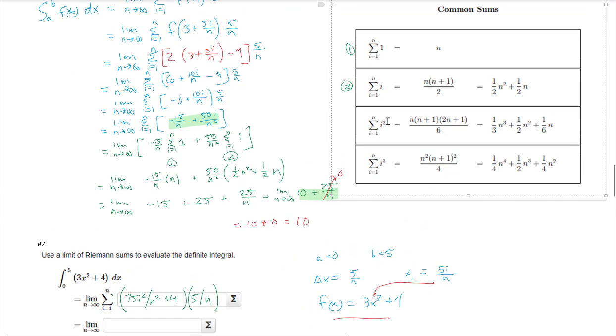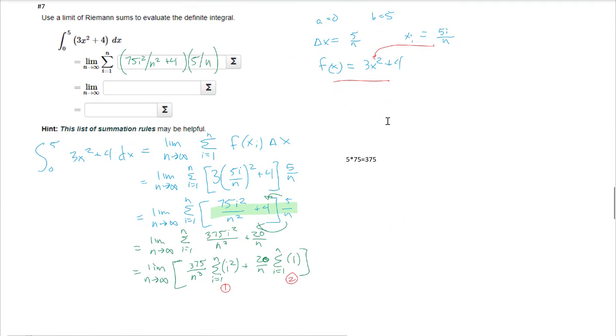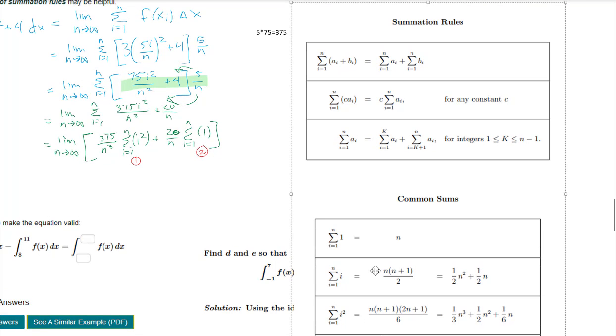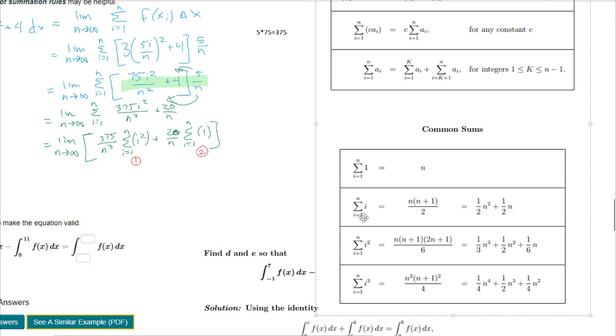So if I go up here, I can grab my equations that are given to me. And so when I do that, the equations that I need right here are that for my i squared, I have 375 over n cubed.